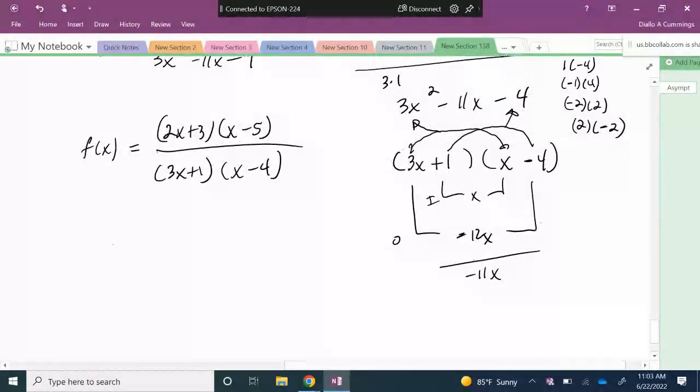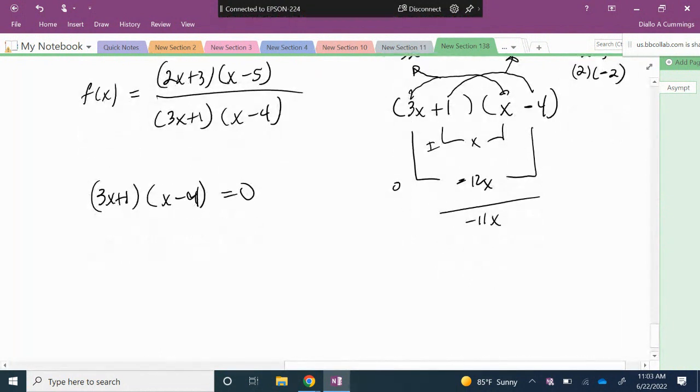So I'm going to take the denominator, 3x plus 1 times x minus 4, and set that equal to 0. I'm going to use the zero factor property: set 3x plus 1 equal to 0 and x minus 4 equal to 0, and we're going to solve.